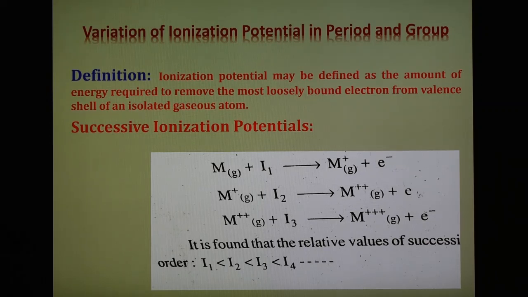So it is the amount of energy required to remove an electron from the outermost shell, and it is generally expressed in kilojoules per mole. Remember the definition: the amount of energy required to remove the most loosely bound electron from the outermost or valence shell of an isolated gaseous atom.